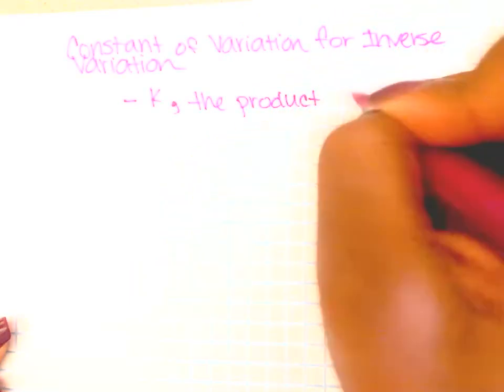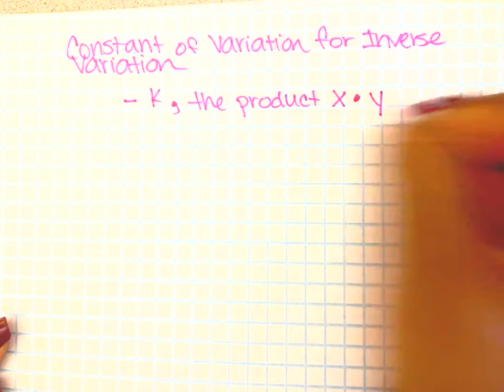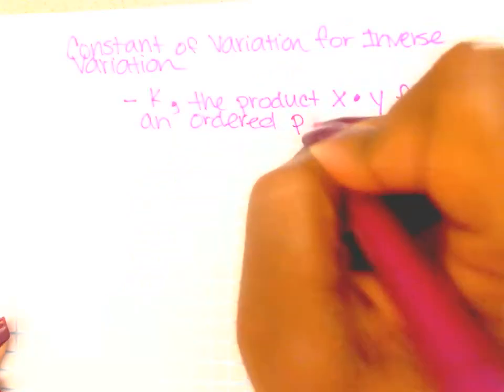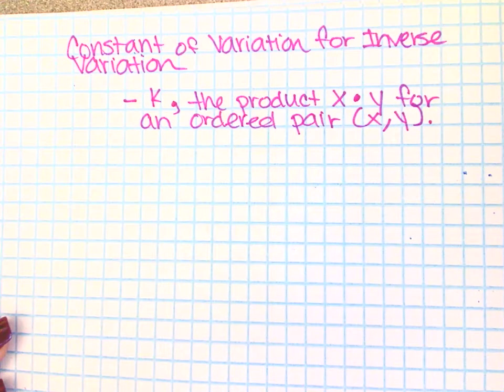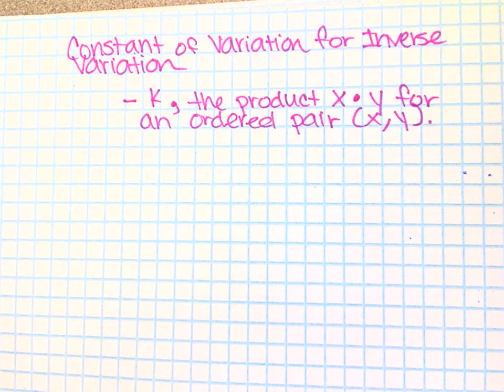This basically means k is the product x times y for an ordered pair. This will all make sense once I model for you. K is the product x times y for an ordered pair (x, y). Basically it means when you get an ordered pair and you multiply x times y, that will give you k. It'll make sense once I model.